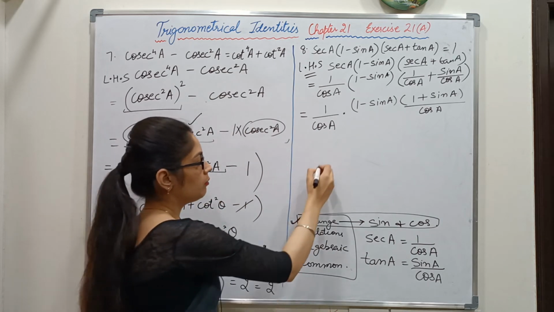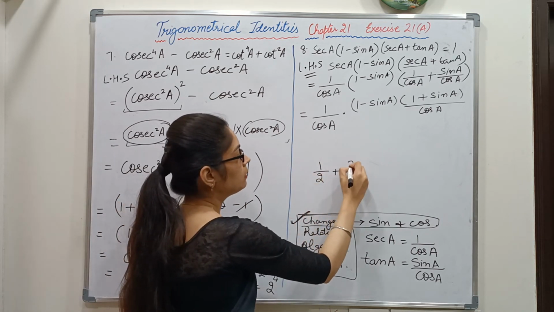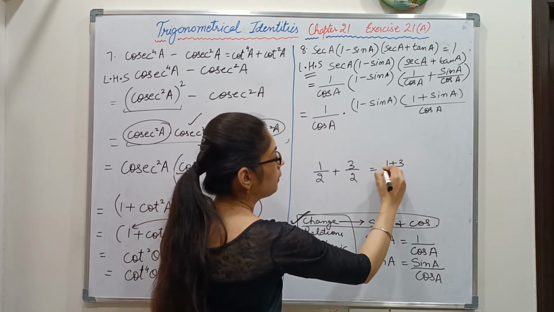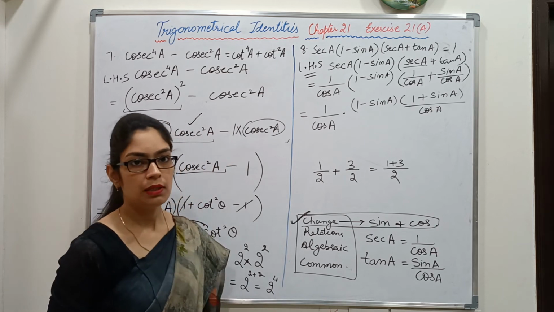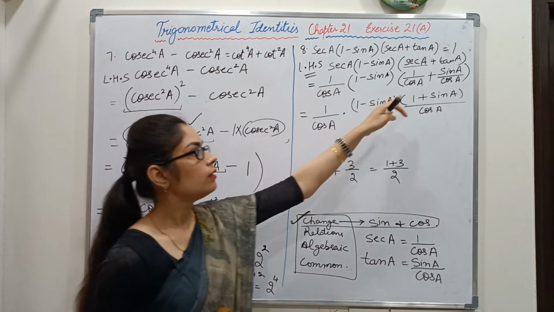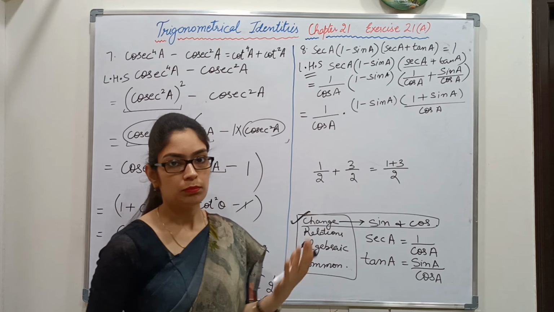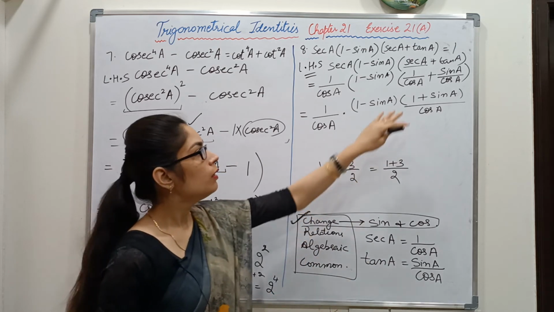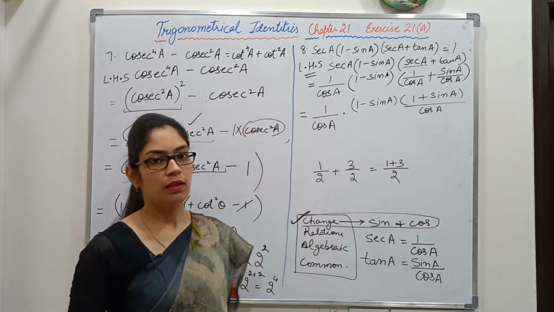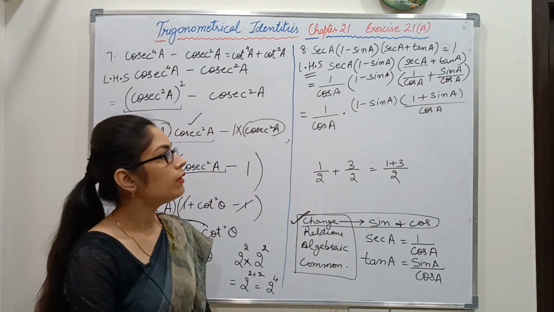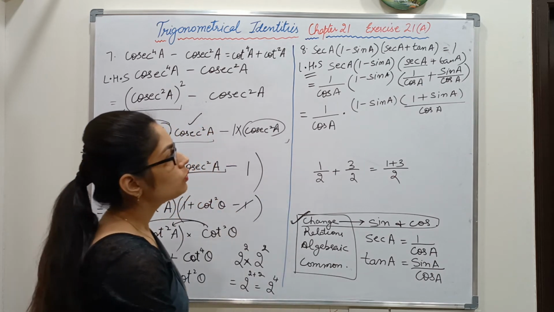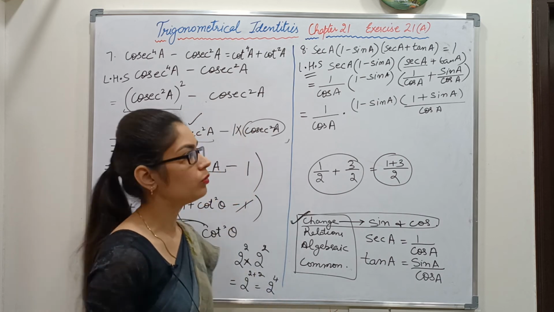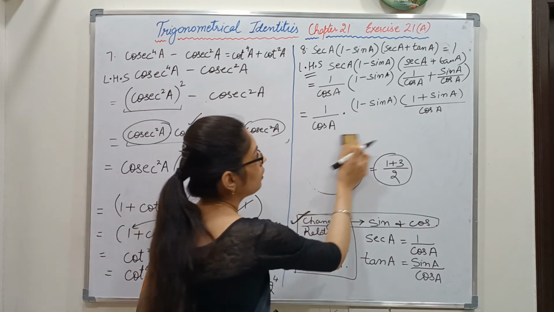It is like 1 by 2 plus 3 by 2, which we write as 1 plus 3 by 2. Since it's the addition of two fractions where the denominator is the same, that's our LCM, so we write it once. So 1 plus sine by cos A.